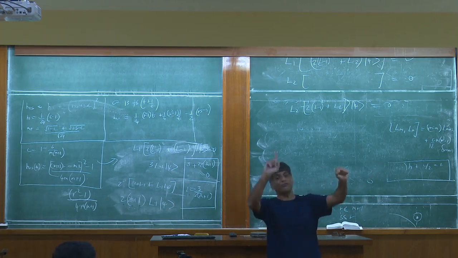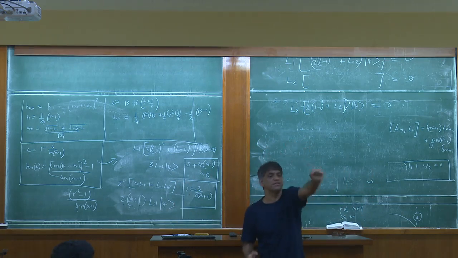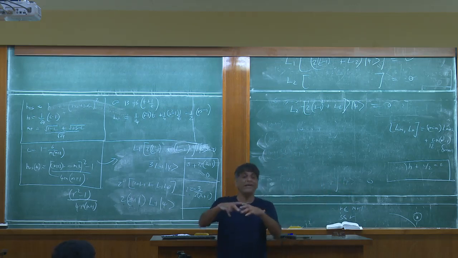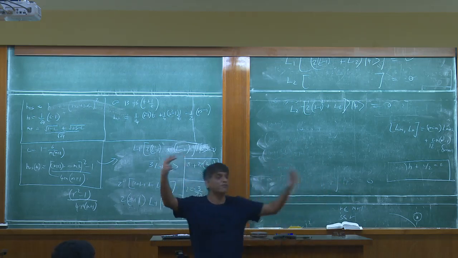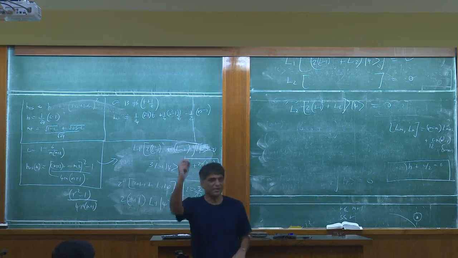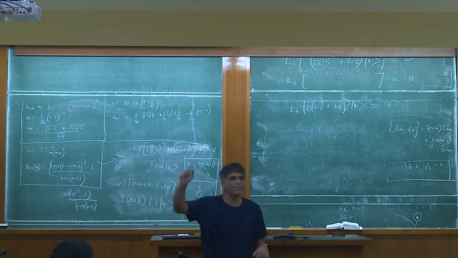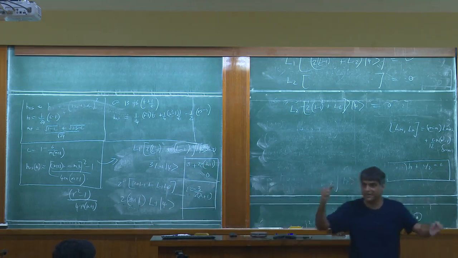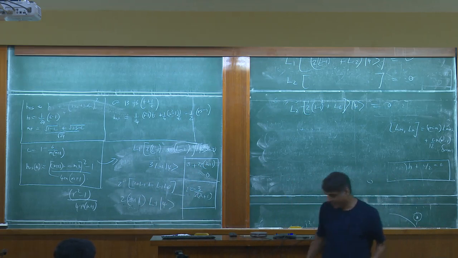Okay, so let's look first at 2-point functions. Let's take a 2-point function of this operator with something else. We already know, because last time we deduced the form of allowed 2-point functions, it was 1 over z1 minus z2 to the power 2h, and 2-point functions were only non-zero when two operators had the same h. Okay?